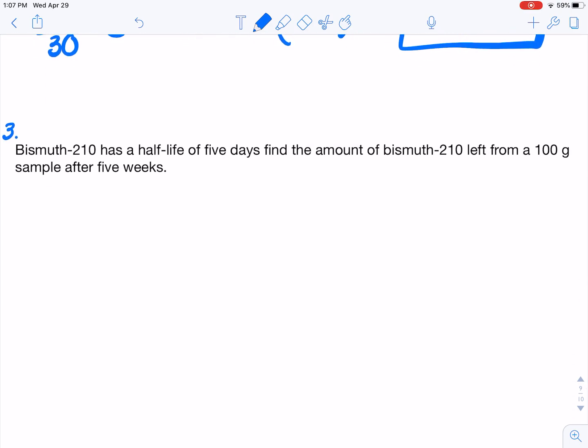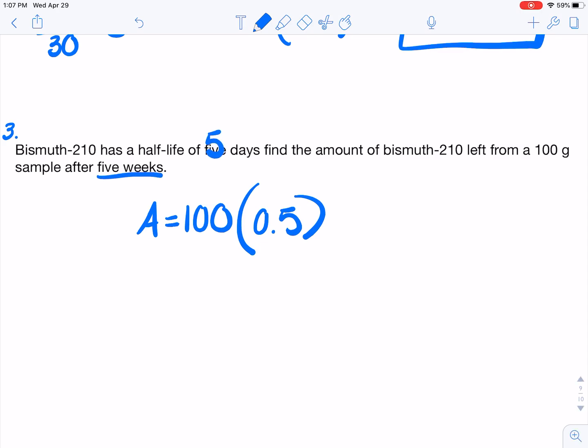All right, last one. Bismuth 210 has a half-life of 5 days. Find the amount of bismuth 210 left from a 100-gram sample after 5 weeks. All right, so my 100-gram sample is first, times 0.5. So it takes 5 days, and in 5 weeks, I've got to figure out how many days are in 5 weeks.